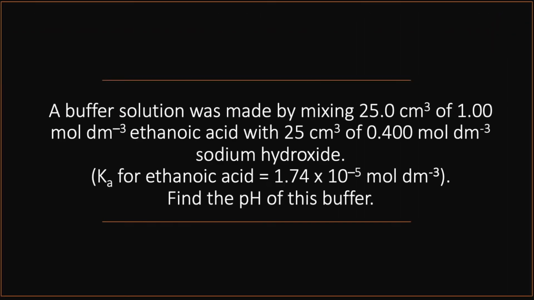Question number 2, slightly more difficult. We're now going to make our buffer by mixing some ethanoic acid with some sodium hydroxide solution. And so our buffer will be made in situ by our sodium hydroxide reacting with ethanoic acid to give us sodium ethanoate.